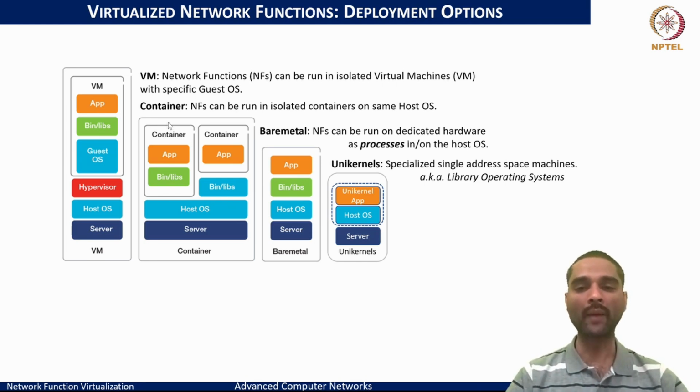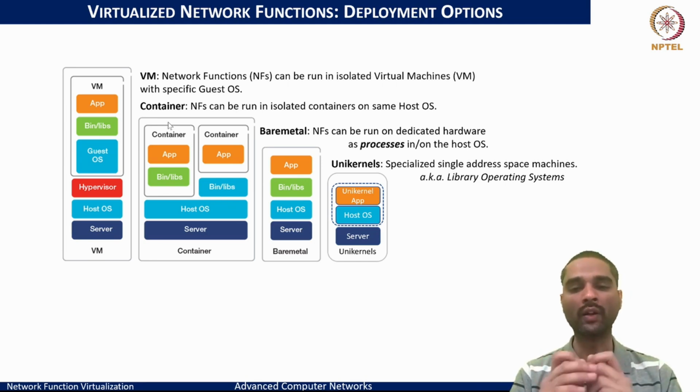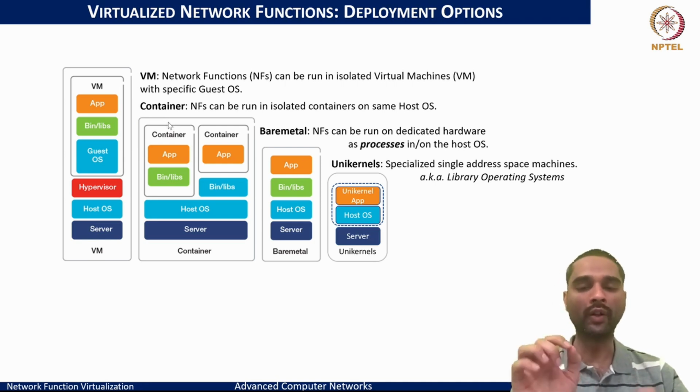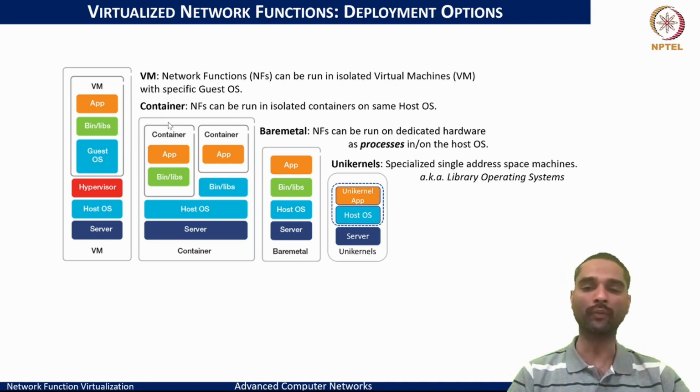So the unikernel app and host OS are basically a drill down, or a very thin or lightweight host OS and app which just do the function that we want. So think of these as what we can use when we want to run very specific code and just do a particular job alone.